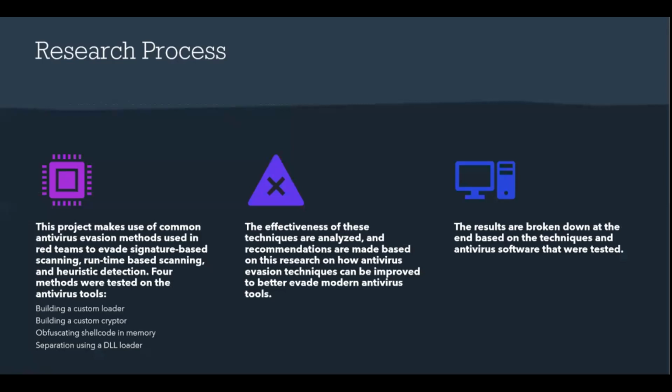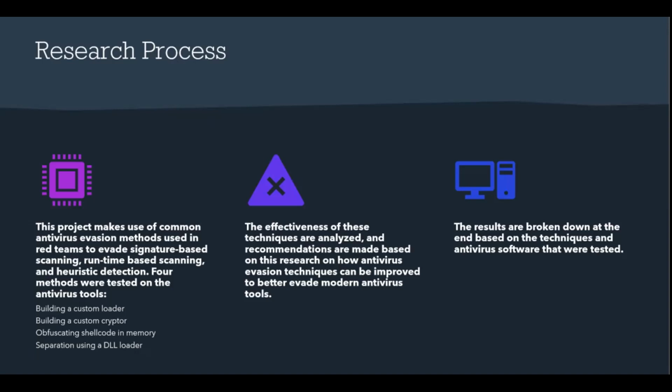Then 4 different evasion techniques will be tested and compared for this project. The 4 methods, which I'll explain in more detail in the future slides, are building a custom loader, building a custom crypter, obfuscating shellcode in memory, and separation using a DLL loader. And so the effectiveness of these techniques will then be analyzed.